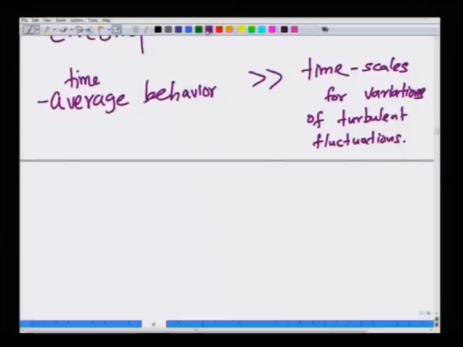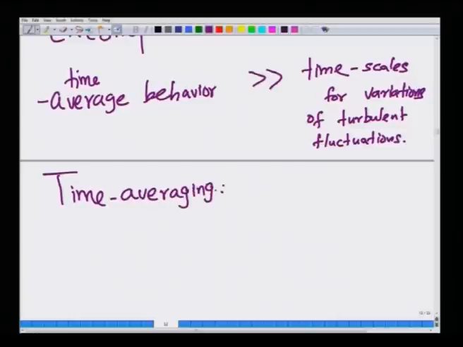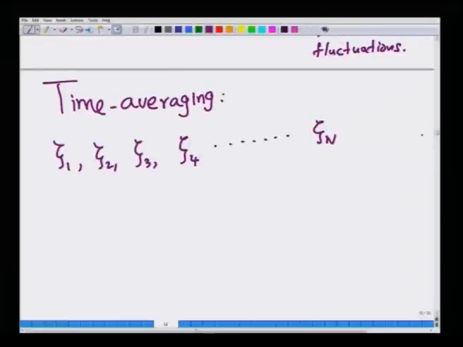So we have to say a few words about time averaging. Suppose you have a variable such as velocity, let us denote the variable as zeta, and you have measured it at n different times, discrete values.